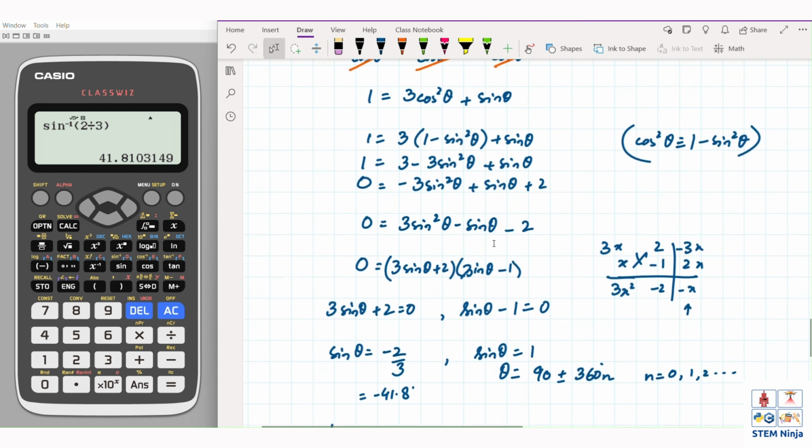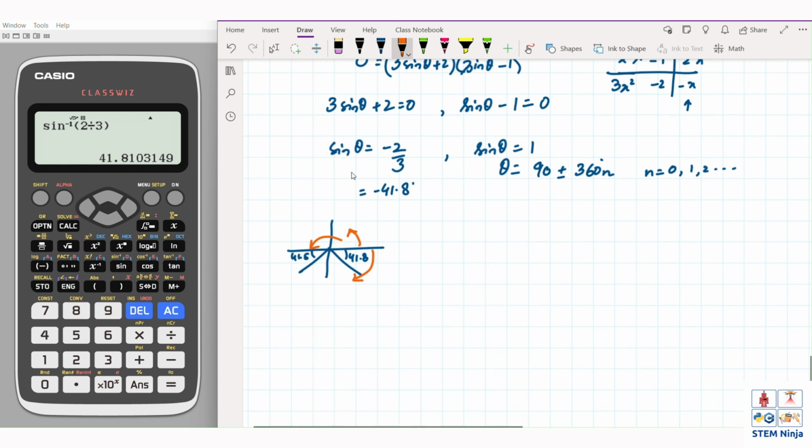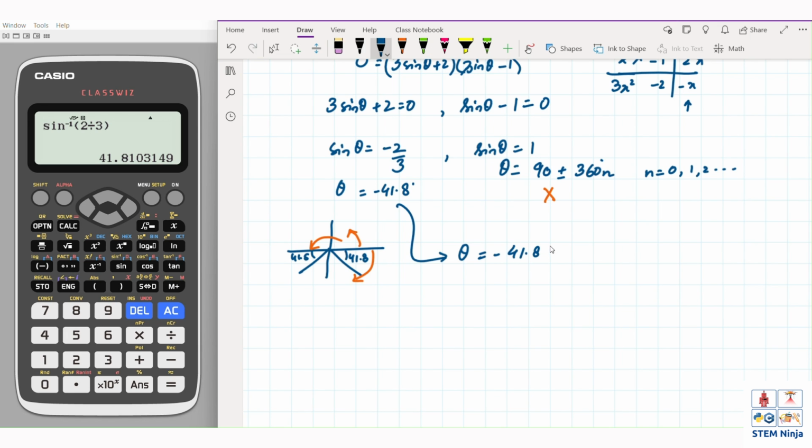Also, since 90 and minus 90 themselves are not included, we have only one solution. So these solutions will not be used. So the final answer will be theta is equal to minus 41.8 degrees.